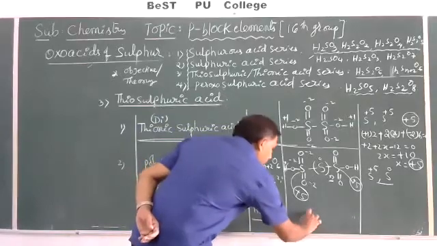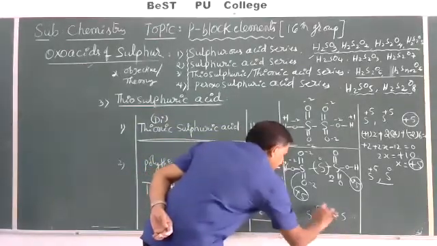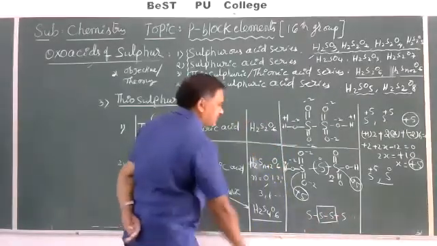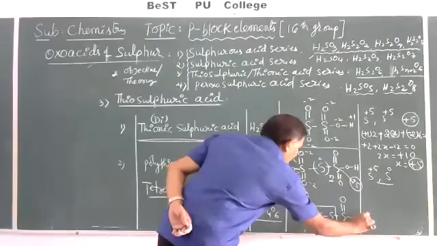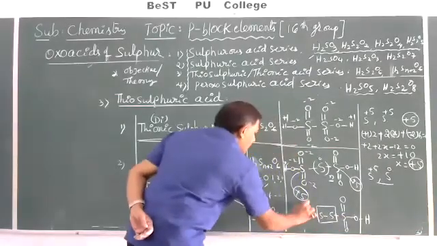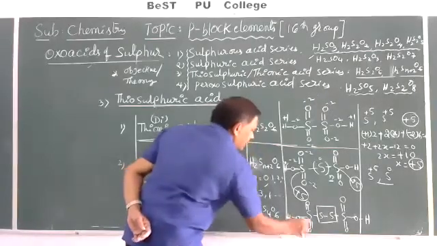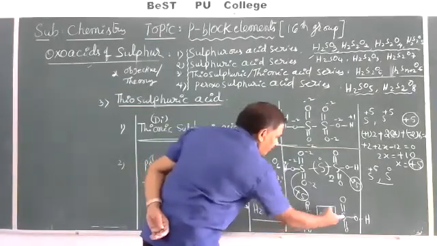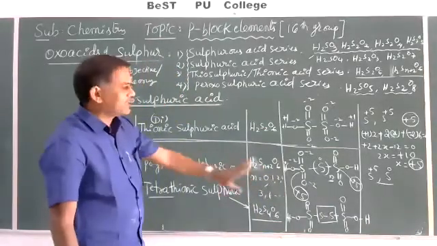Its structure we can take like S, between S and S there is a thio linkage, double bond O, bond OH, double bond O, bond OH. Sulfur atoms 1, 2, 3, 4 are there. That is tetrathionic sulfuric acid.